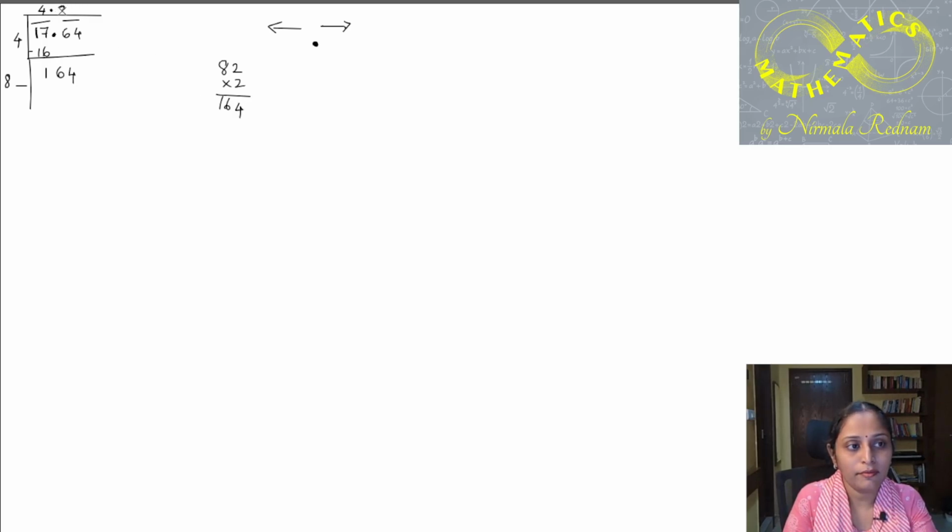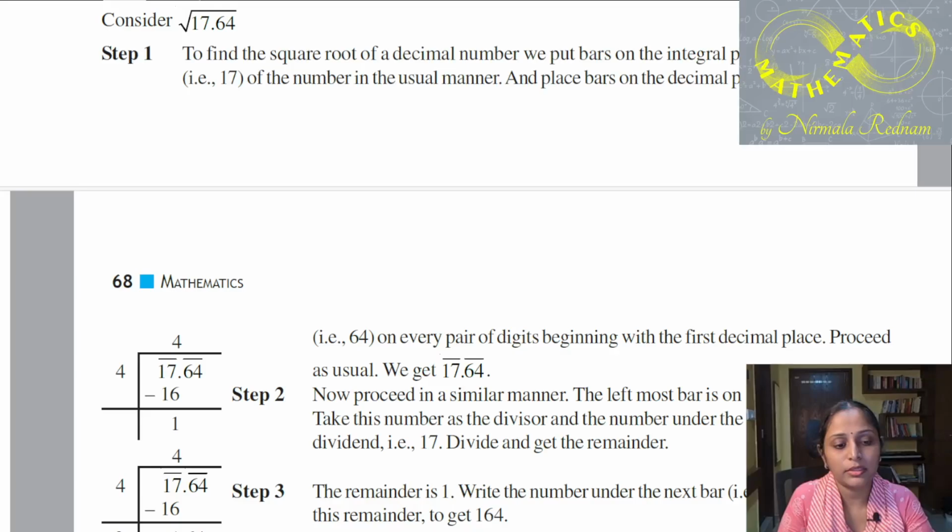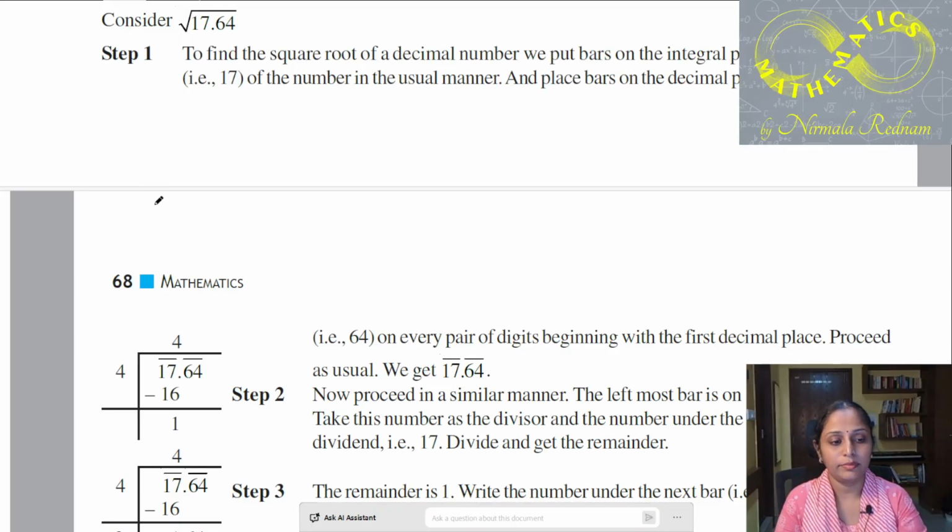So I have 2 here. So 82 into 2 is 164 and the remainder is 0. That means it's a perfect square. That means 4.2 squared is nothing but 17.64. So that is how you're going to find the square root for decimals.